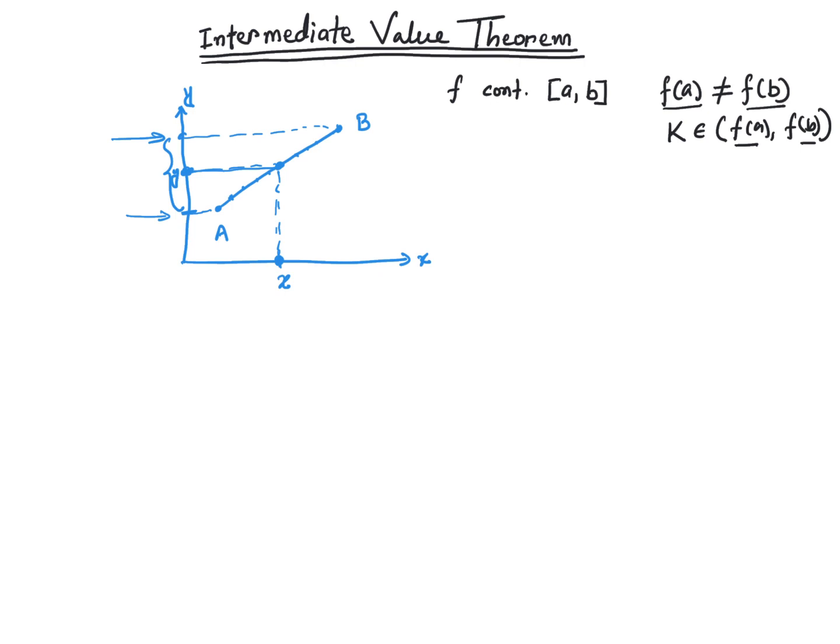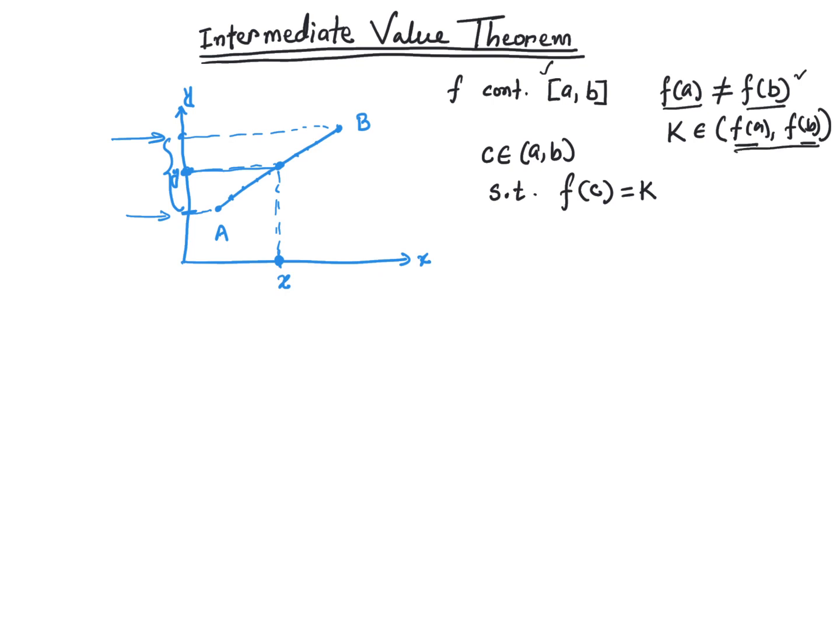Now, if k is a number in between f of a and f of b, then the intermediate value theorem tells us that there must be some number c in the interval a, b, such that f of c is equal to k. Again, f is a continuous function on the closed interval a, b, and f of a and f of b are not equal, and we pick a number k from the interval f of a comma f of b.